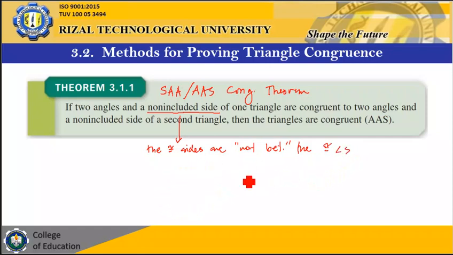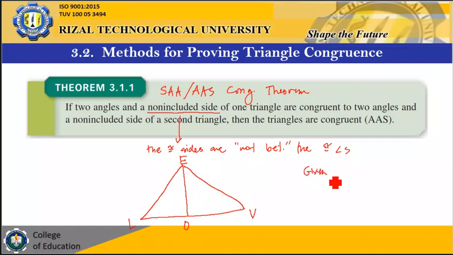Now, given that, say for example, we have this triangle, let's draw a triangle. This time it is two triangles with a common side, and let's label it LOVE. Okay, and let's define our given.